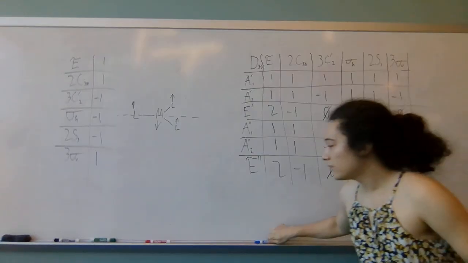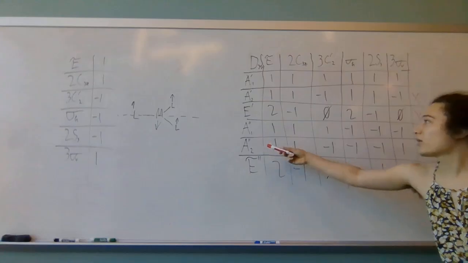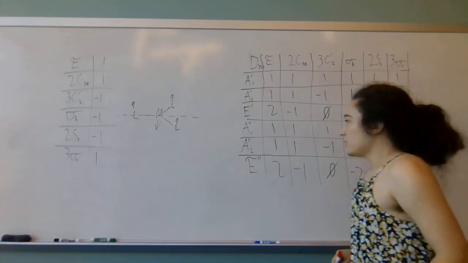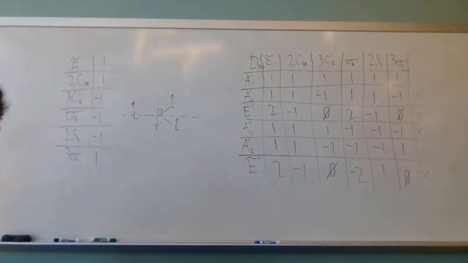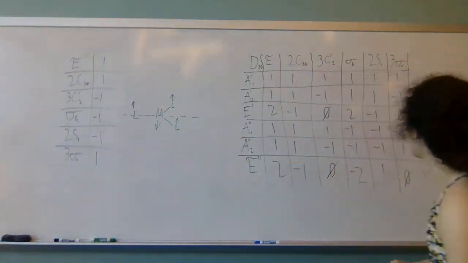We're going to mark off all of the ones that are not 1, so not this one, not this one, not this one, and not this one. So already we've eliminated most of the options. We know it's either A double prime 2 or A prime 1. Now we have negative 1 and negative 1 for 2S3 and sigma h.